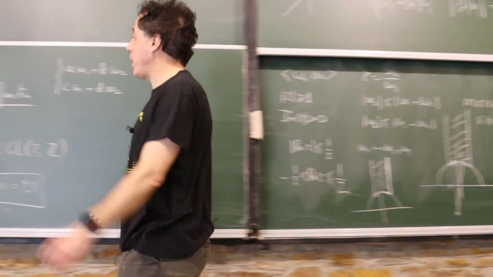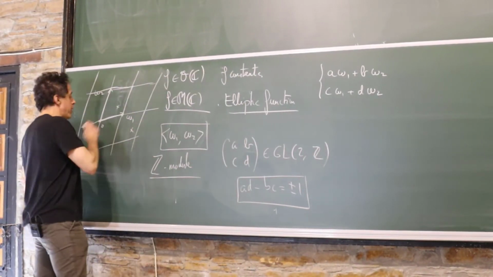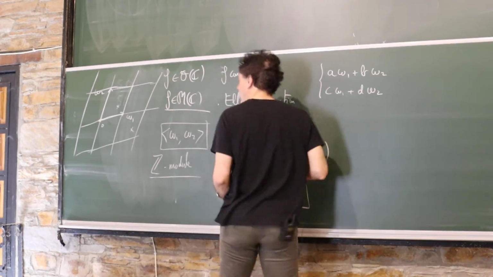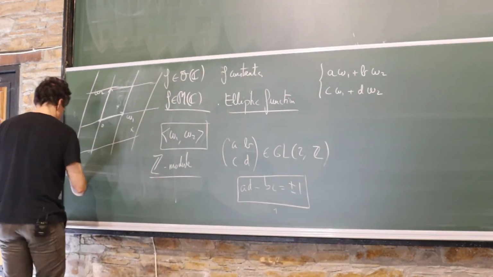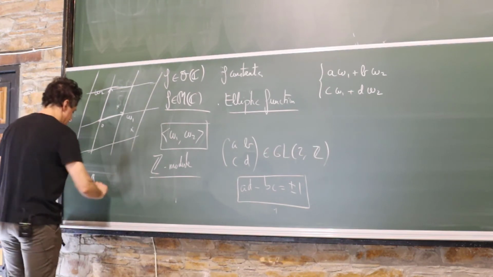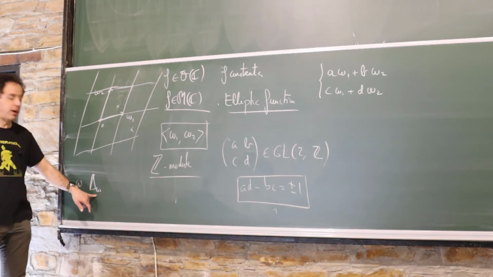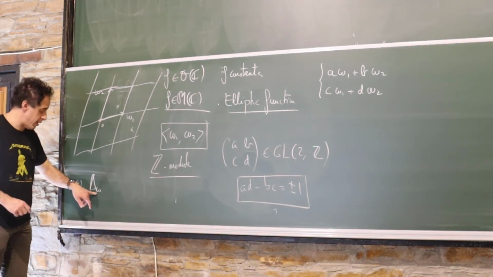So we have our set of periods, and we have this drawing. If we take some point omega on the plane, we are going to denote as delta omega what is called a fundamental parallelogram with vertex omega.